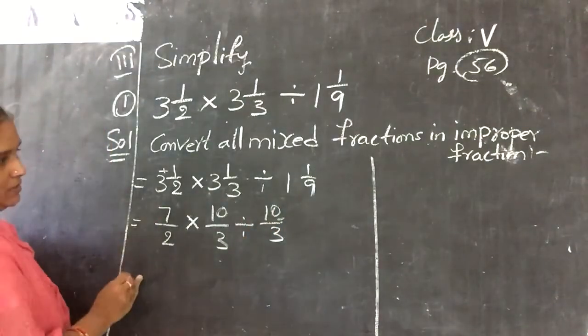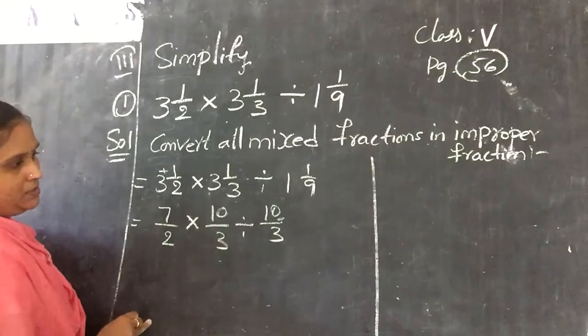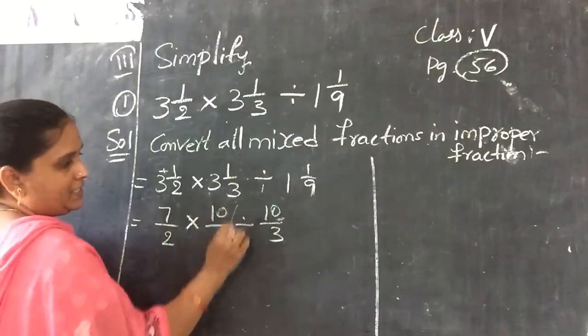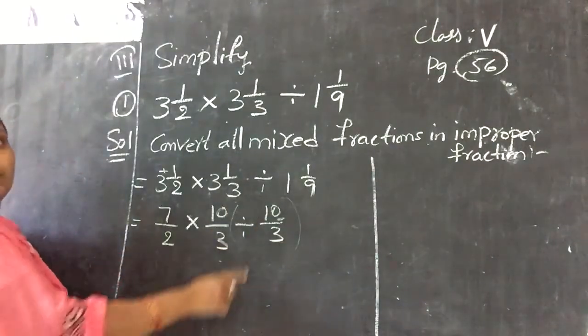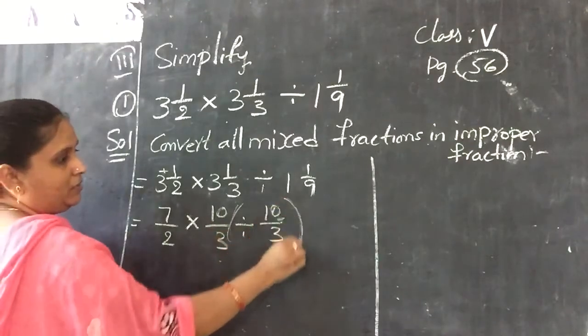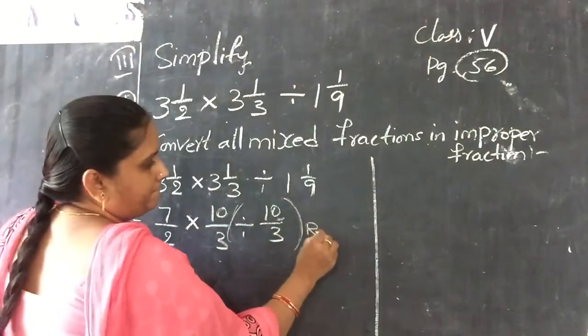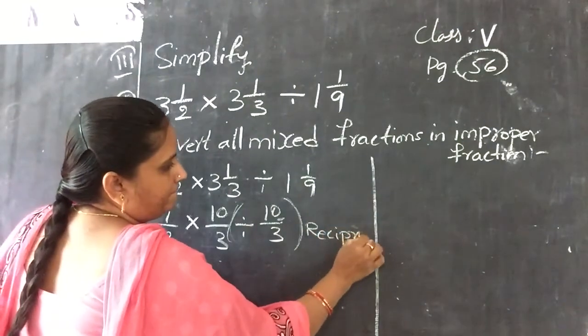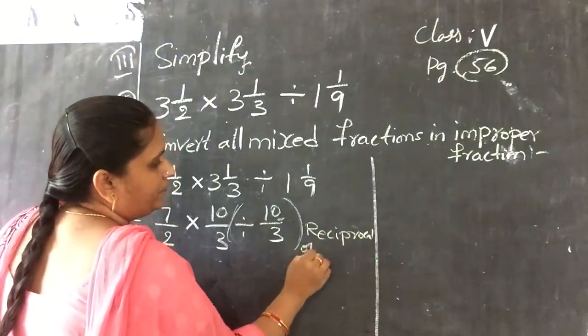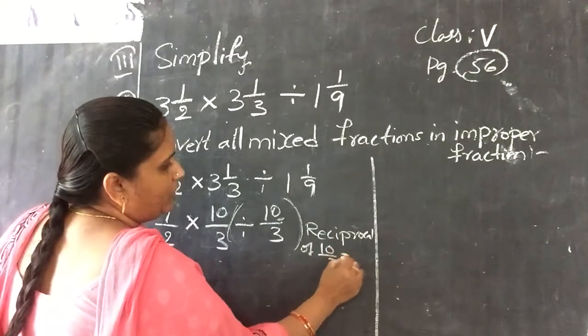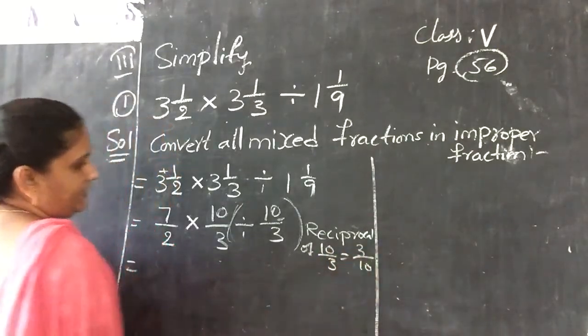Okay, now here division is there. So for this division we have to write the reciprocal. The reciprocal of 10 by 3 is equal to 3 by 10.